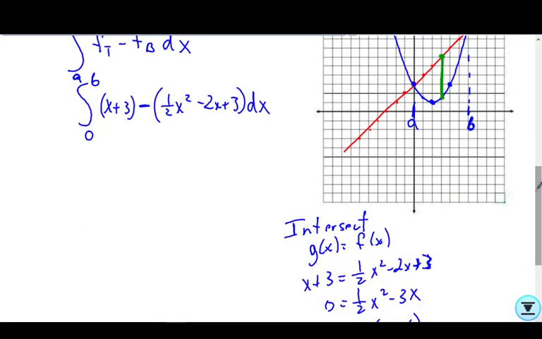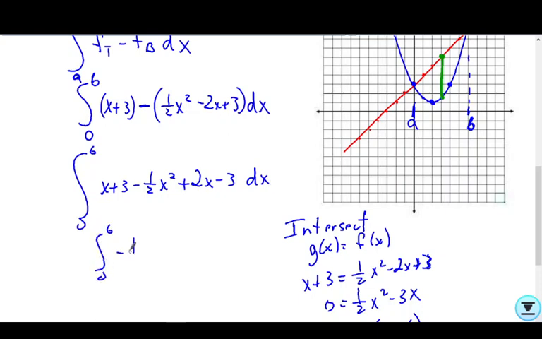Now, time for the easy part. We evaluate our integral. So we distribute the negative through, so we get from 0 to 6, x plus 3 minus 1/2 x squared plus 2x minus 3 dx. So we get from 0 to 6, negative 1/2 x squared, plus 3x dx.